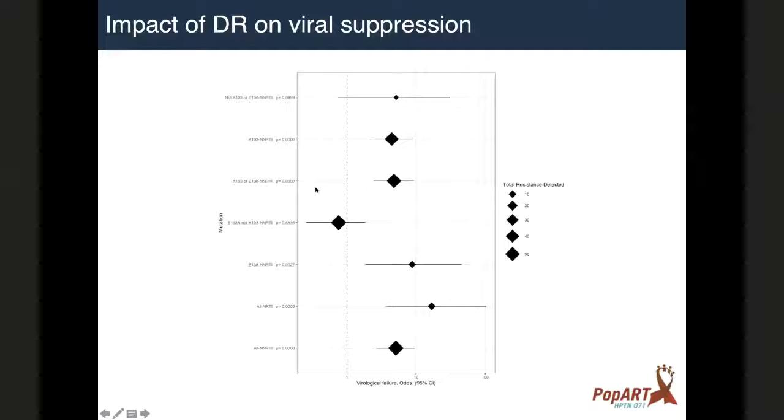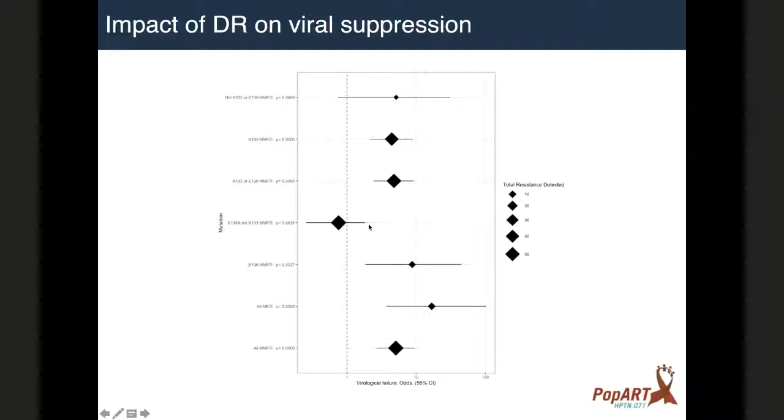You can see that for the K103 mutation, the odds fall within the region of around 4. There's a log scale on the odds, so it's between 3 and 4 odds for K103.